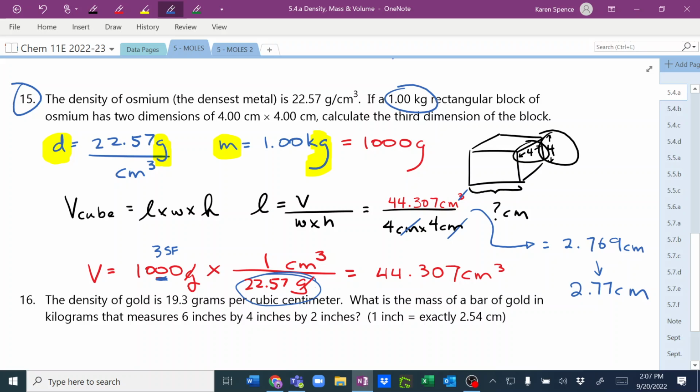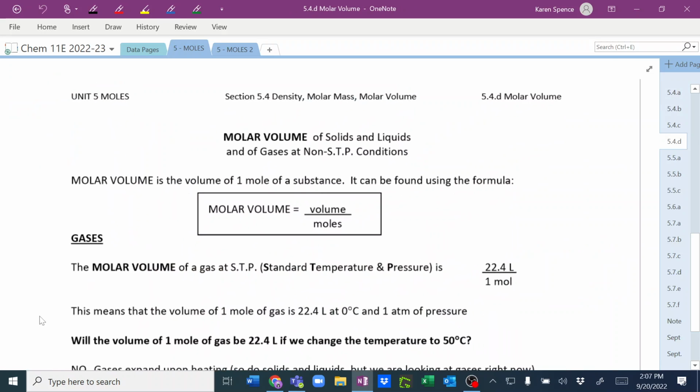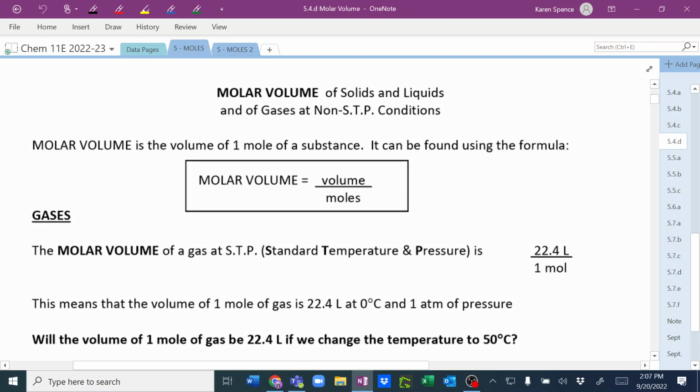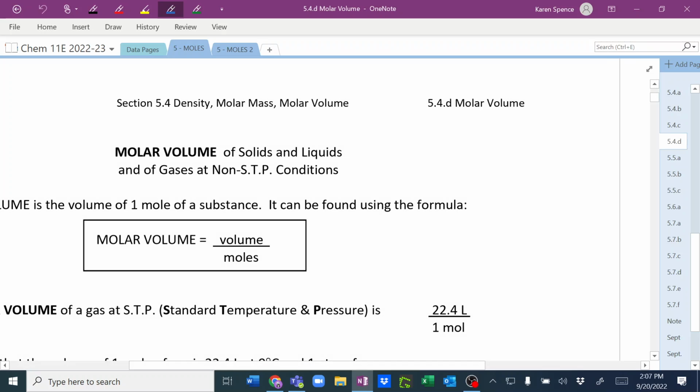Page 79, 5.4D. 5.4C. 3A, the answer key may be wrong.